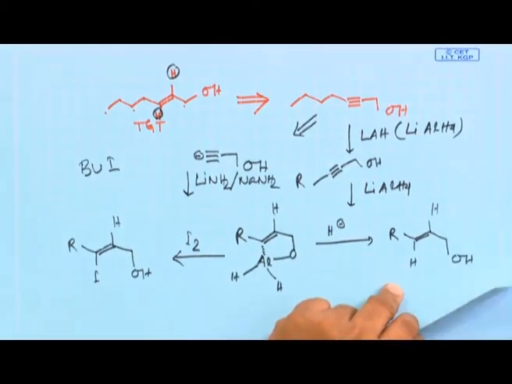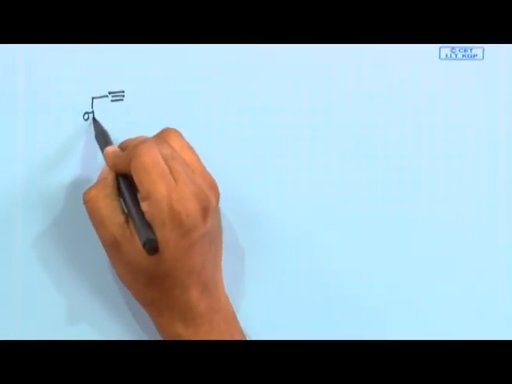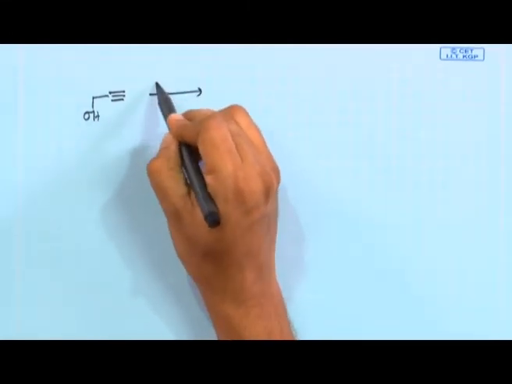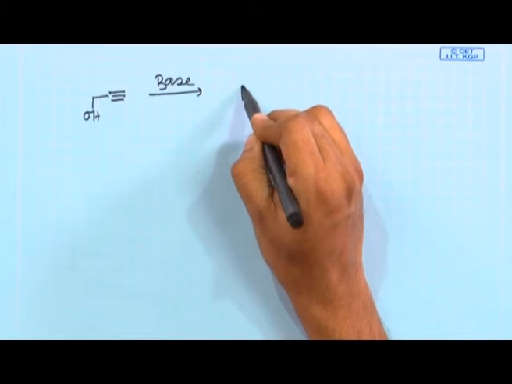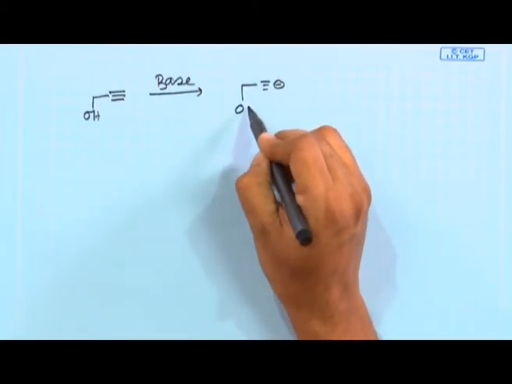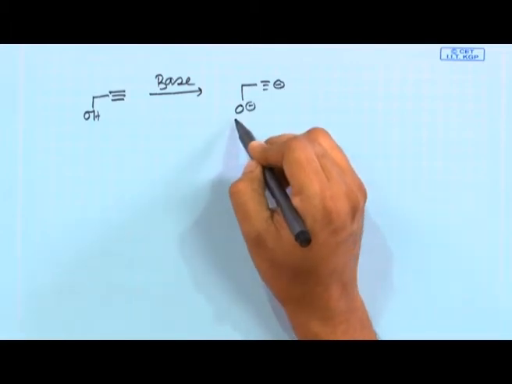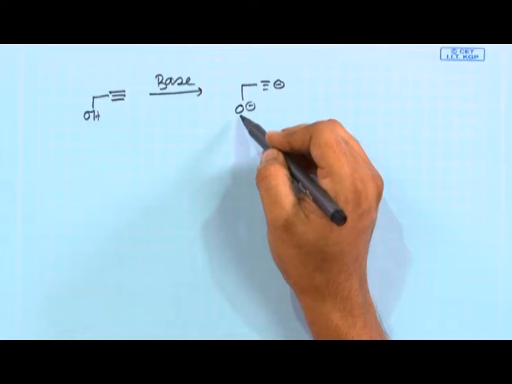So, what exactly you will be using? Take this starting propargyl alcohol, use a base and then you get this anion as well as this O minus also, C minus, O minus. C minus is much more nucleophilic because O minus is much more electronegative.